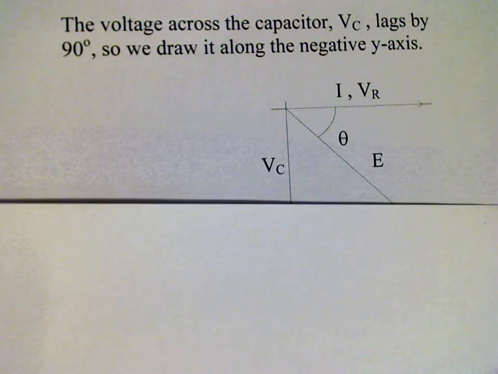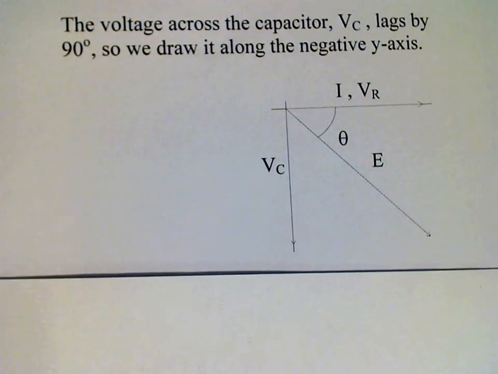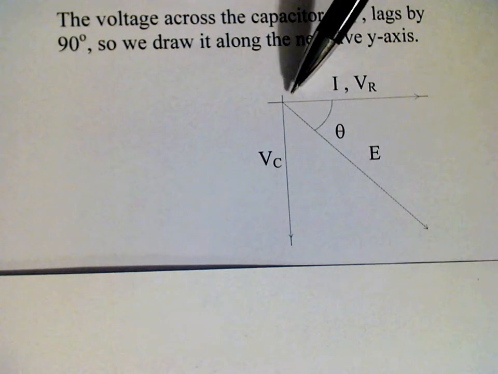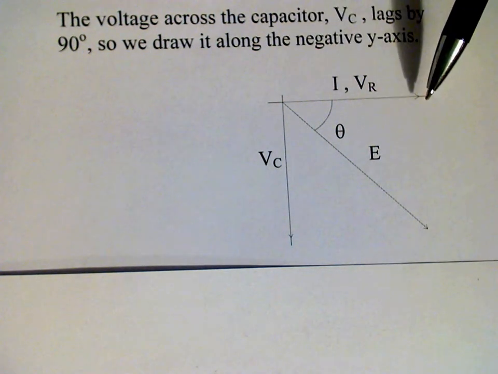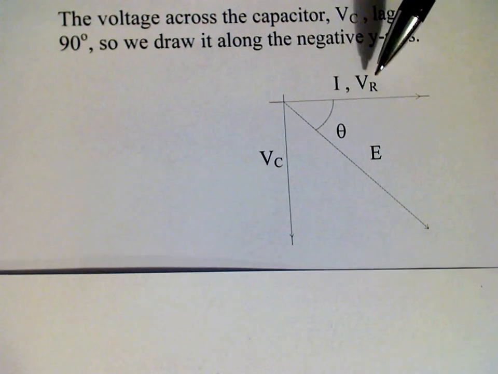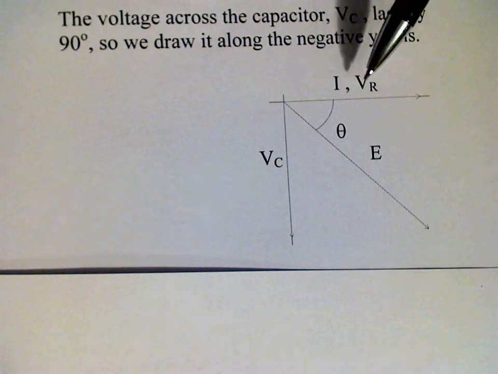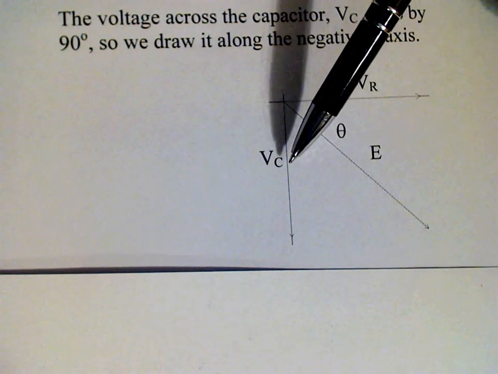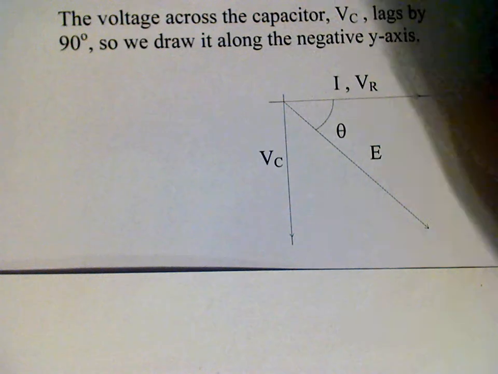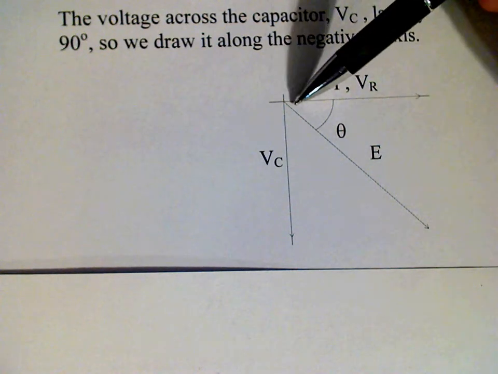So here is a phasor diagram for the RC circuit. We have the current drawn on the x-axis for reference. The voltage across the resistor is in phase with the current. The voltage across the capacitor lags the current by 90 degrees. And then we have the source voltage.